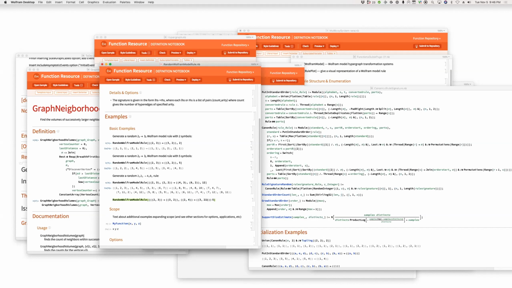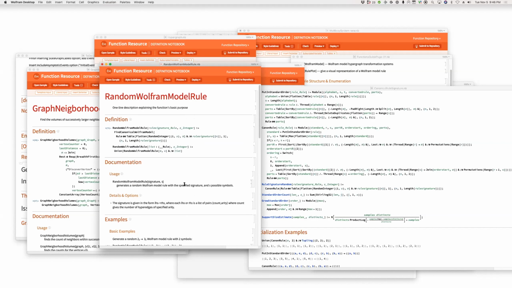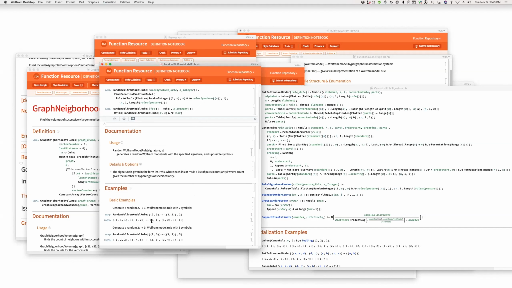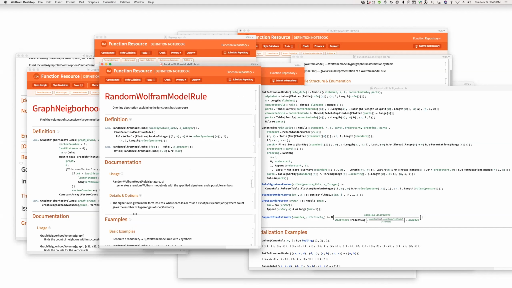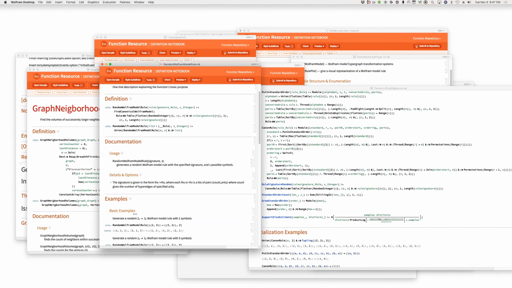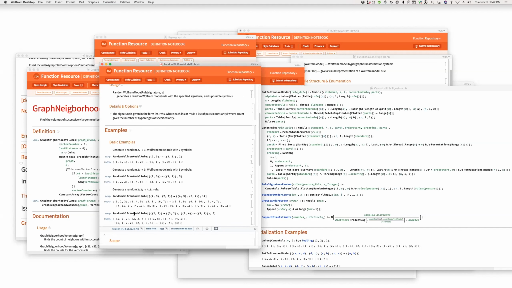So maybe this is not a good way to specify it. What should we do about that? Well, I mean, you can always generate them separately. I don't think we need to do anything.